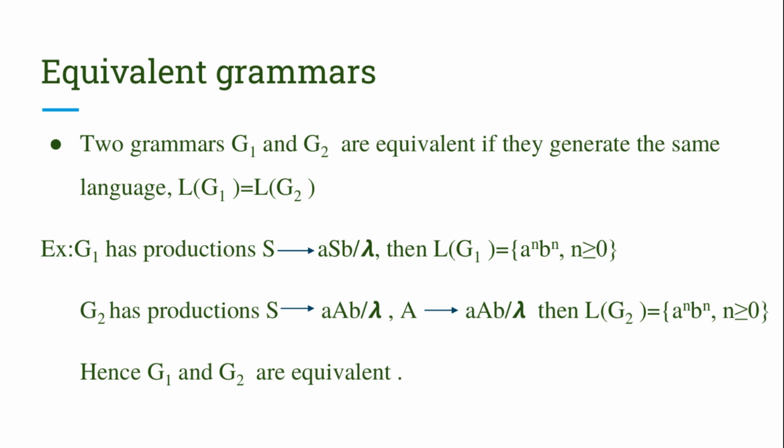Consider another grammar G2 which has productions S to AAB or lambda, A to AAB or lambda. When we generate the strings using these productions, we will get the same language a raised to n, b raised to n for n greater than or equal to 0. Hence, G1 and G2 are equivalent grammars.